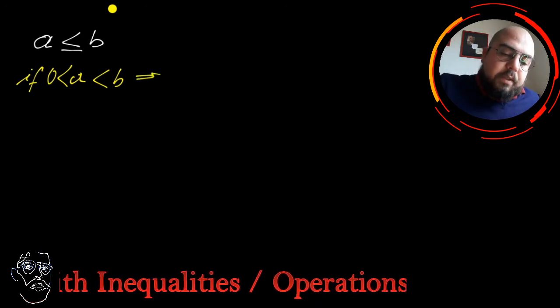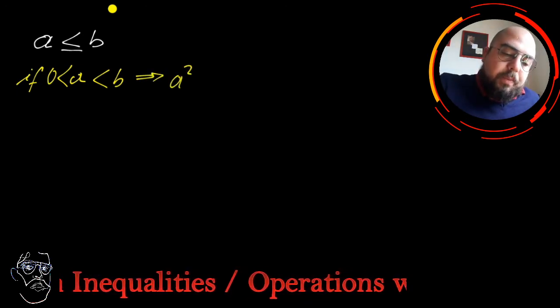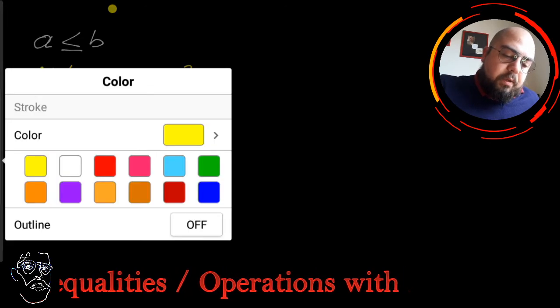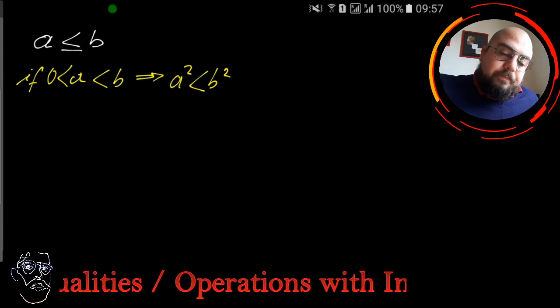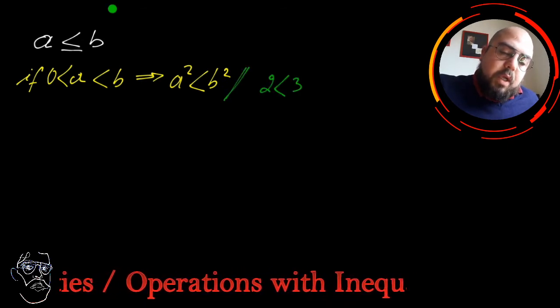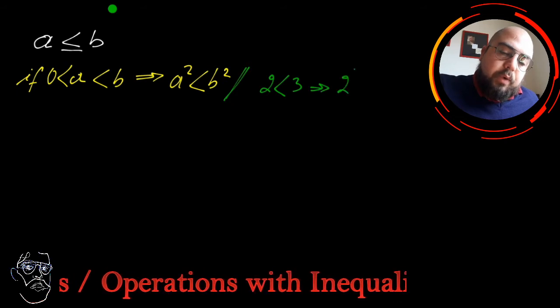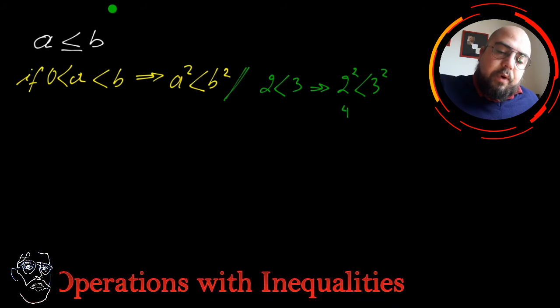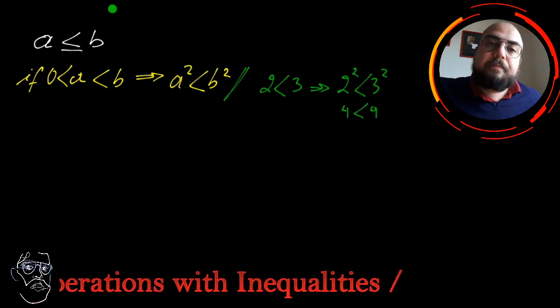In this case, you can deduce that A squared will be smaller than B squared. Let's take an example. If we have 2 smaller than 3, it means that 2 squared will still remain smaller than 3 squared, and the fact is 4 is smaller than 9.